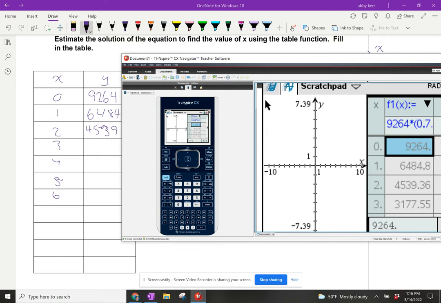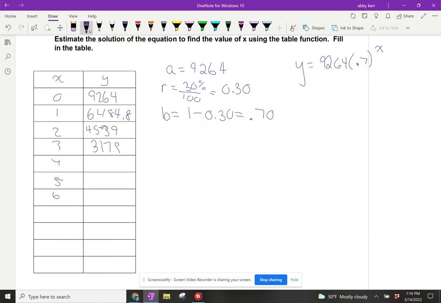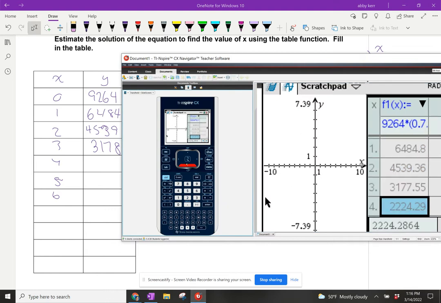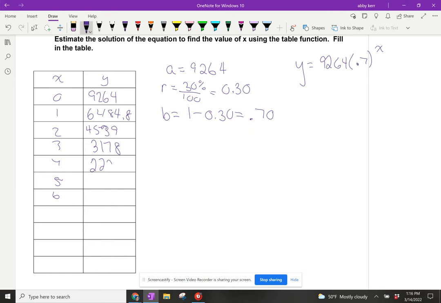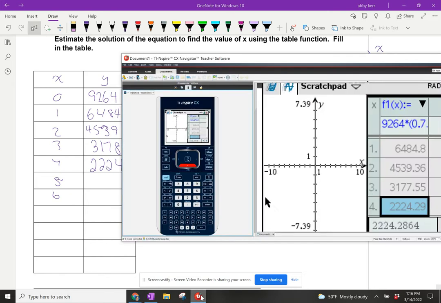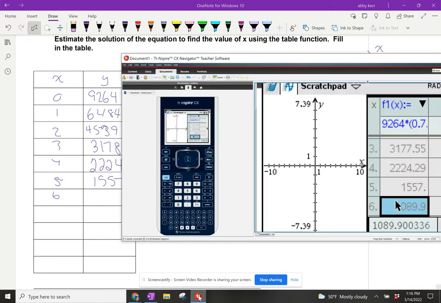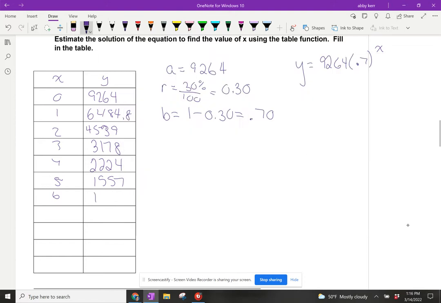And I'm just going to round, because I don't want to keep going through. So we're getting closer to 1,000. And then we have 1557. And we have 1089.